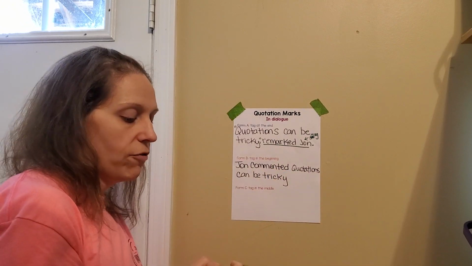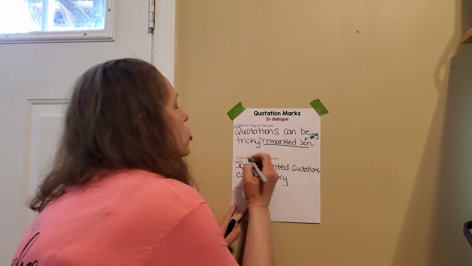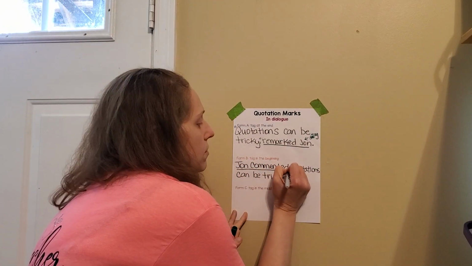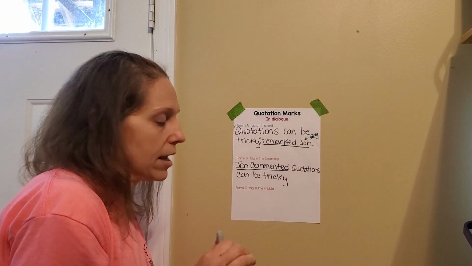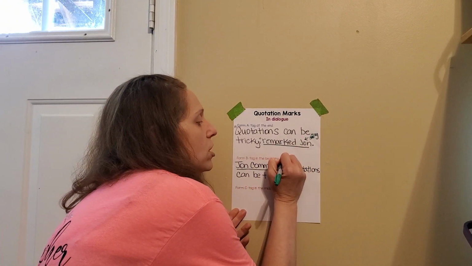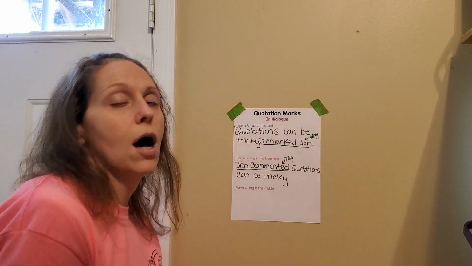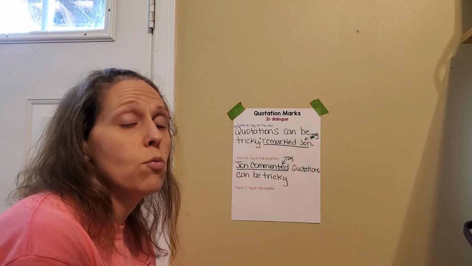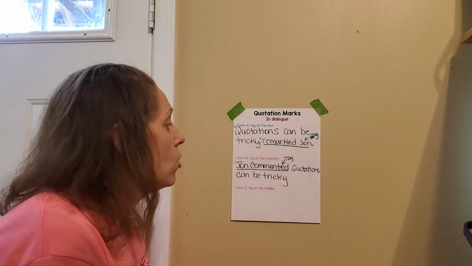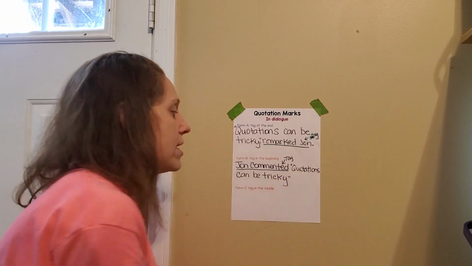First, I'm going to identify my tag. My tag is John commented. Now I can go back in and add my quotation marks. Remember, the quotation marks go around only what the person is saying. Well, John's saying quotations can be tricky.